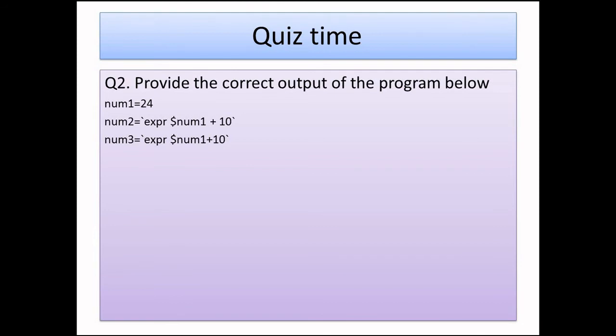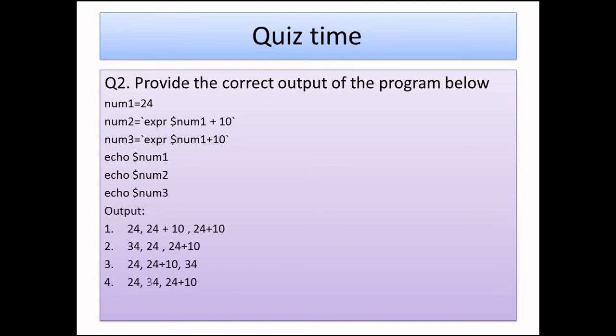The difference between num2 and num3 is that there is a space before and after the plus sign in num2, whereas there is no space before or after the plus sign in num3. Let us see what happens if I echo num1, num2, num3. Can you predict the output from these four options? I will give you 5 seconds to find the answer, and after that I will reveal it.